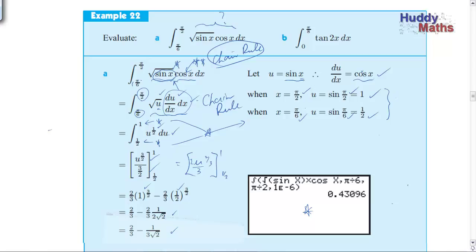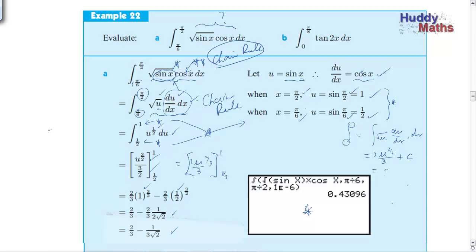Okay, now I want to mention something here. If you don't like this, there is another way you could approach it. Start off with just the integral. Don't put any limits here, and then change it. So say it equals the integral of, get down to this level and go into u land. Come up with an answer. So this will be u to the 3 over 2, or 2/3 of that, plus c.